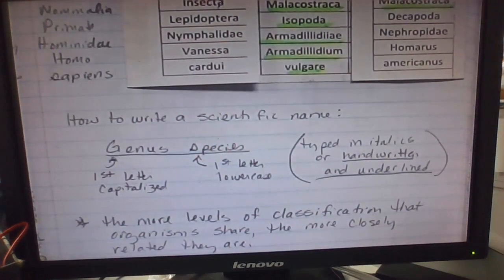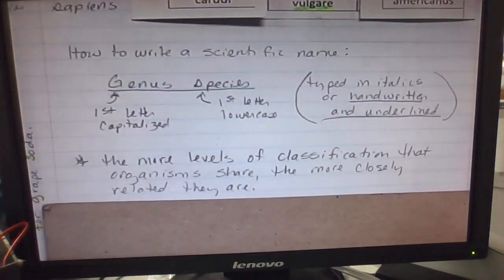We already talked about this. We figured out that the more levels of classification that organisms share, the more closely related they are. If you actually go into ecology and anthropology and whatever, there is a difference between a phylogenetic tree and a cladogram.